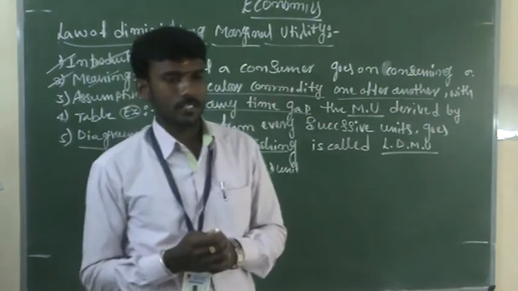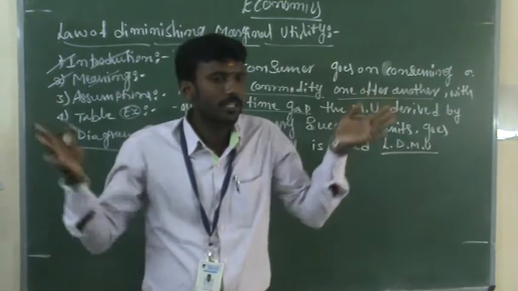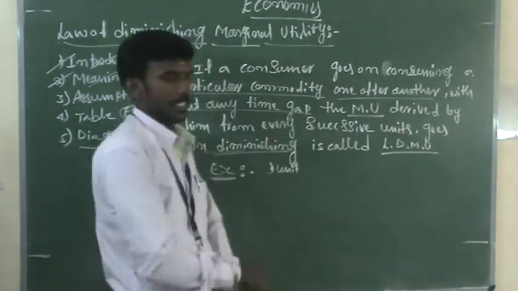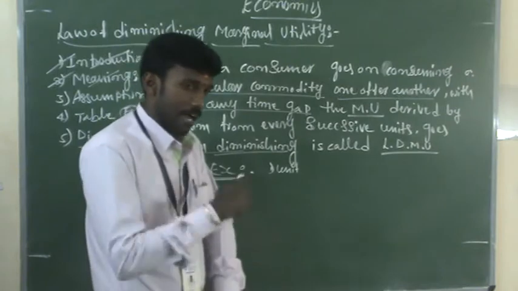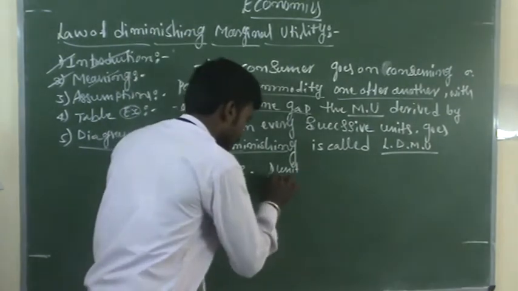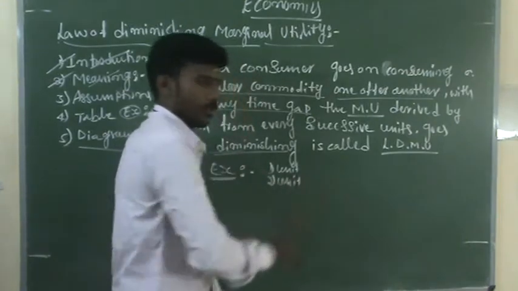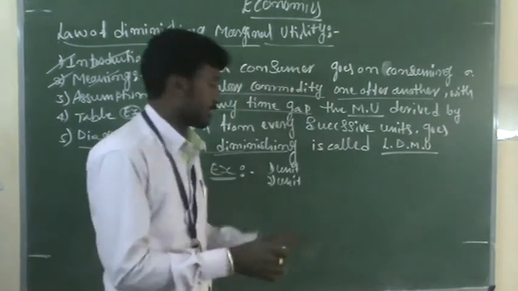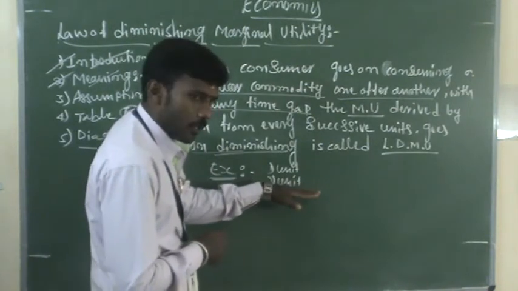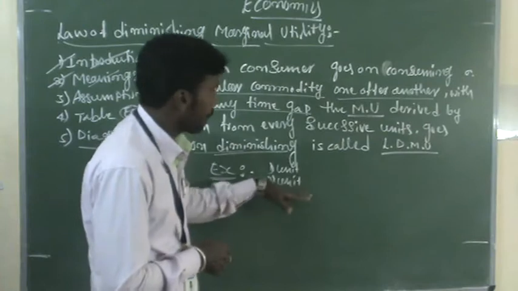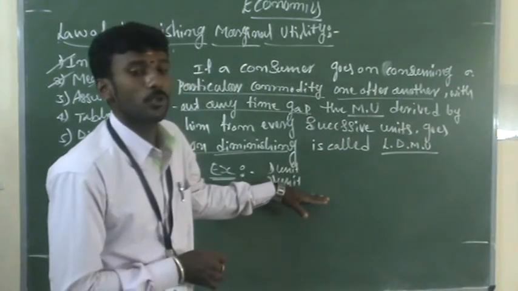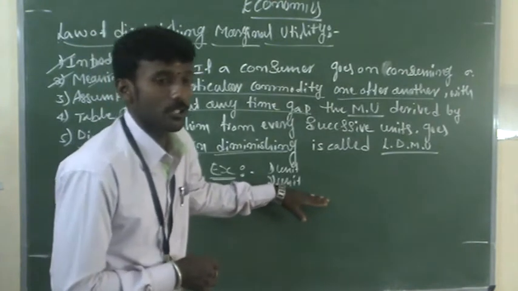The consumer gets more utility, more satisfaction from that first commodity. Then after consuming the first unit, they consume the second unit, the second mango, the second orange. Now the second orange or mango gives less utility, less satisfaction to him compared to the first one.